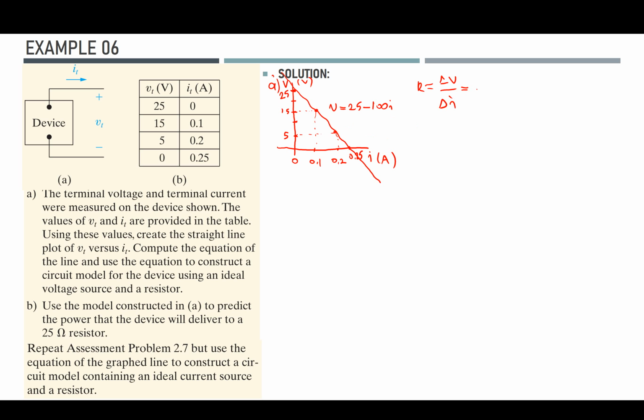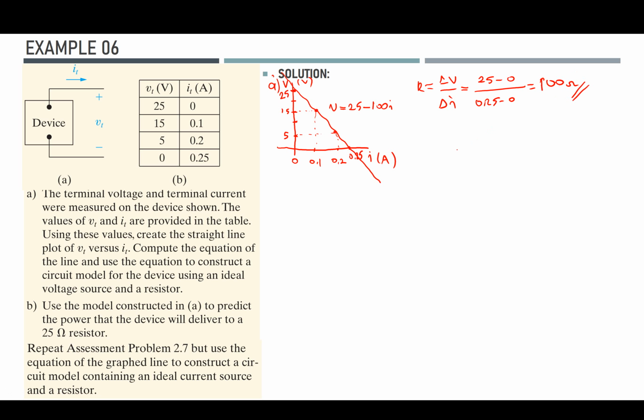Taking points like 25, I can easily write down 0.25 minus 0 endpoints. So from here I get 100 ohms, as my equivalent resistance.